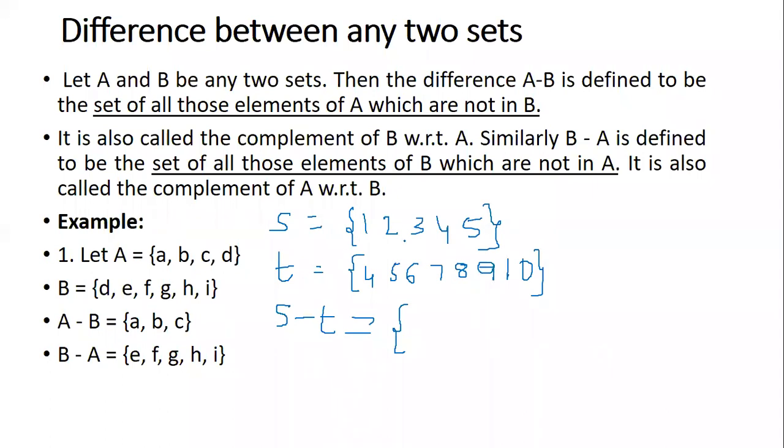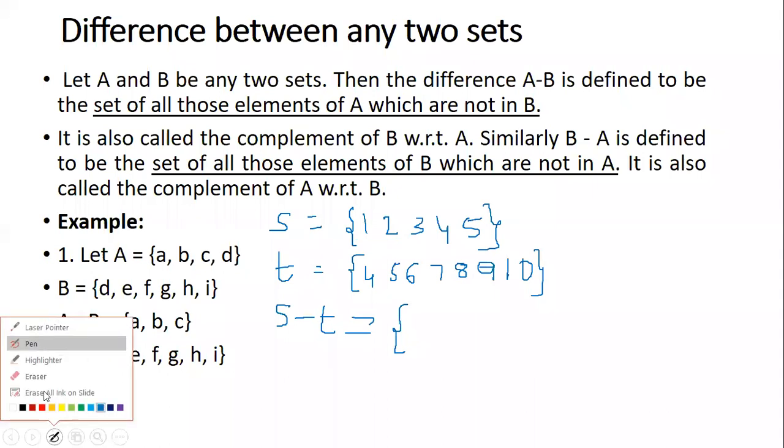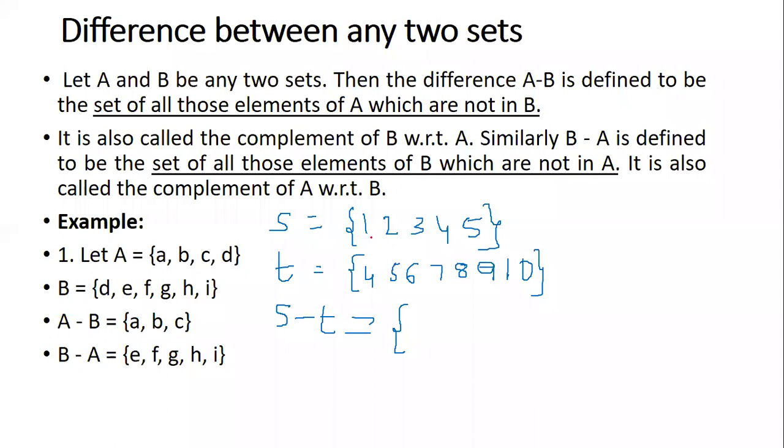So 1, 2, 3 are not there in T, correct? 1 is not there, 2 is not there in T, 3 is not there in T. So only 1, 2, 3 are not common. 4 is already present, 5 is already present in T. So S minus T is nothing but all the elements which are present in S but not in T. So I only get 1, 2 and 3. So this is S minus T. Okay, clear now? Anybody has doubt?